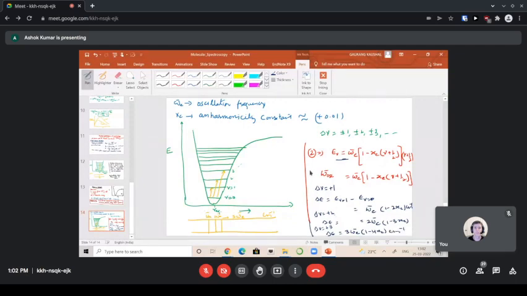So you can see that this energy difference is proportional to omega E, 2 omega E, 3 omega E. That's why I have written here omega E, 2 omega E, 3 omega E.